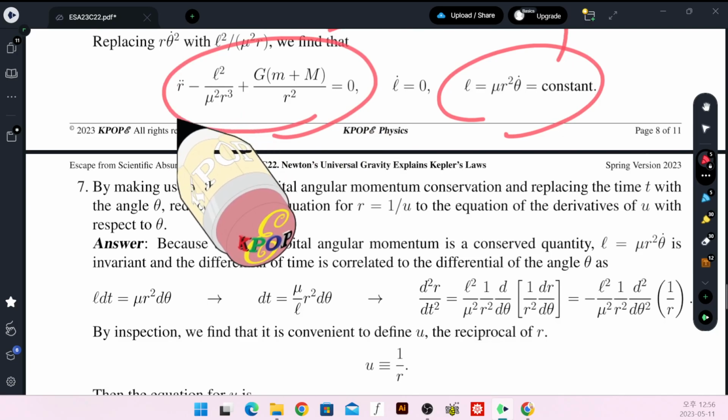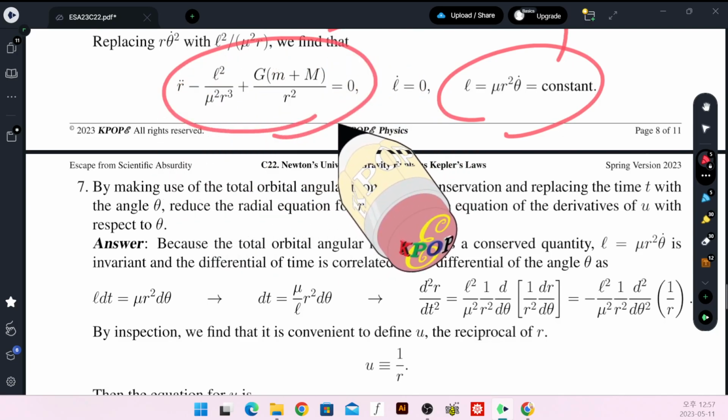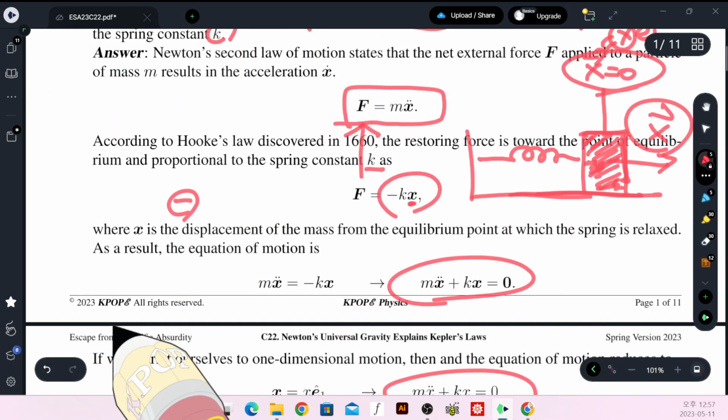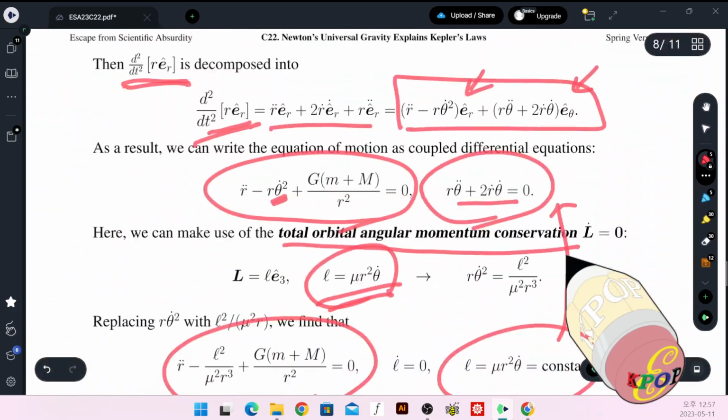By the way, we'd like to simplify this, and at the end of the day, we will find that this is identical to the equation of motion for a simple harmonic oscillator. Let's see.